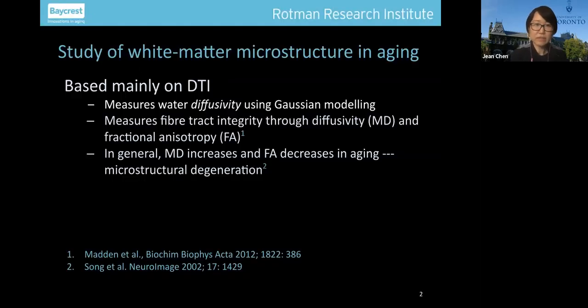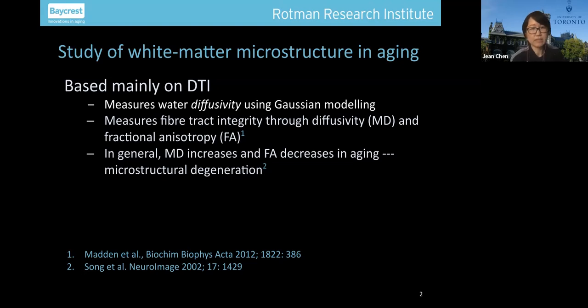So as you probably know, white matter microstructure in the brain and spinal cord alike is mostly studied using diffusion tensor imaging. In the brain specifically, we've been looking mostly at mean diffusivity and fractional anisotropy as measures of microstructural integrity.